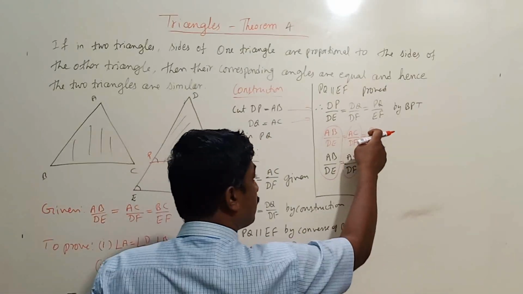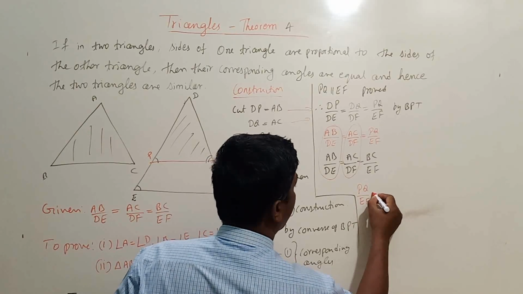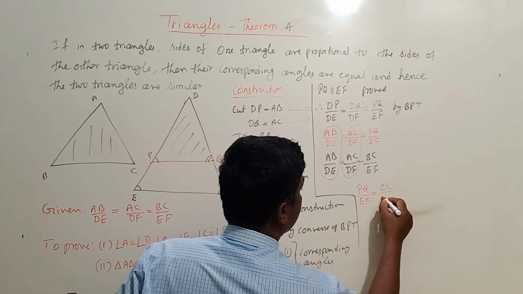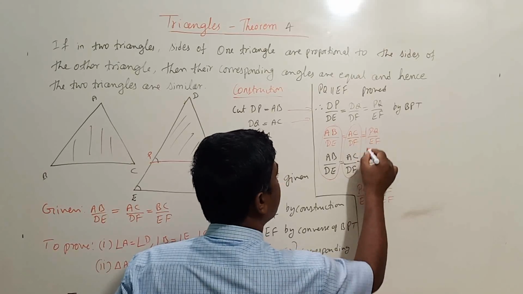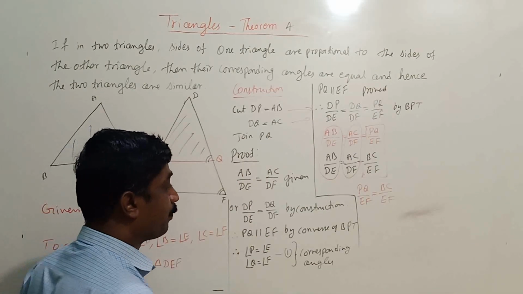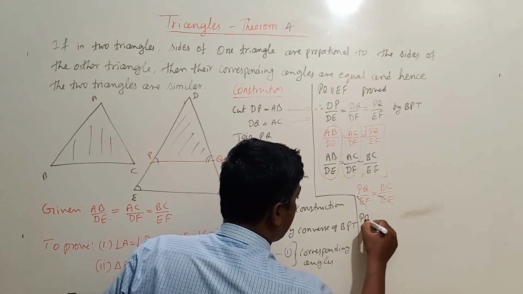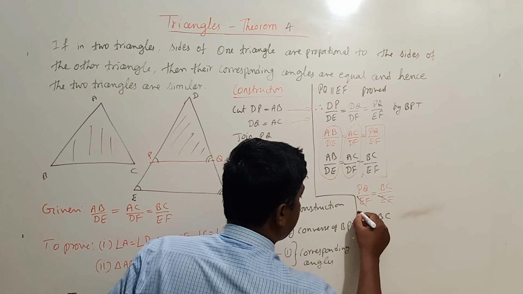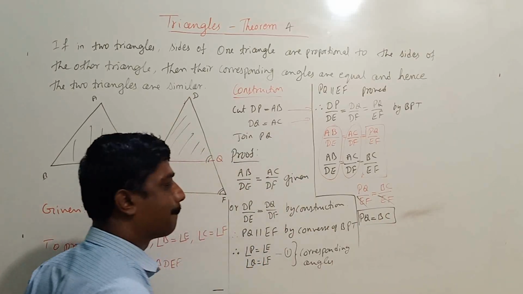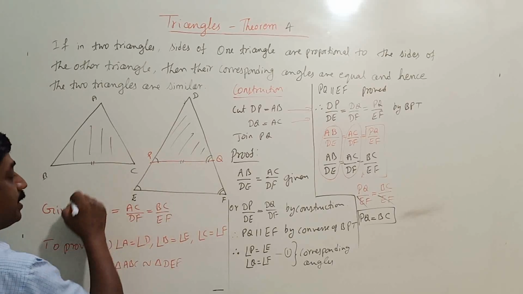That means what? PQ by EF is equal to BC by EF. These two are equal, right? Now check here. 1 by EF gets cancelled. So you get here PQ is equal to BC. There you are. I got it. PQ is equal to BC.